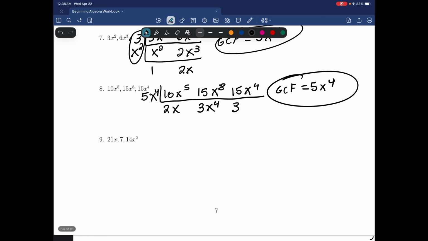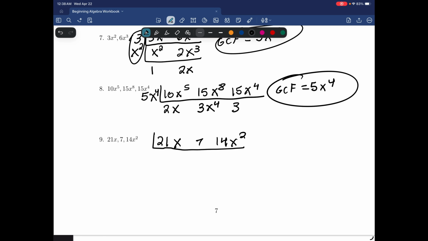Alrighty, and for our final example, we have 21x, 7, and 14x squared. As always, pause the video and try this one on your own and see if you can get it correct. And assuming you have tried it on your own, let's go through this.